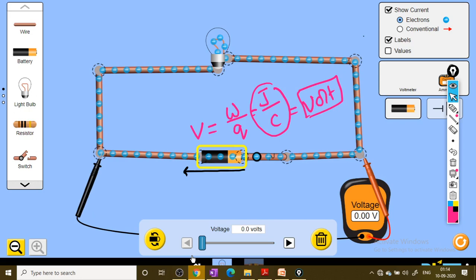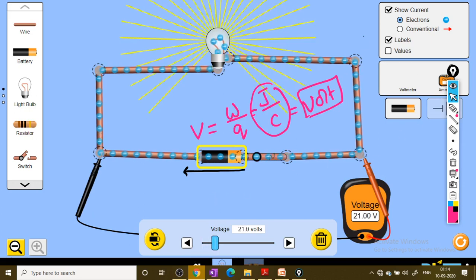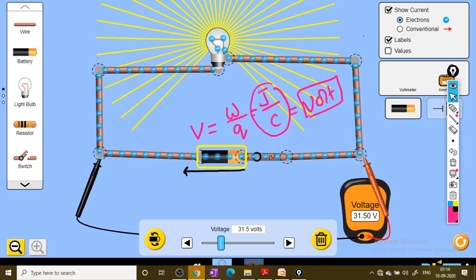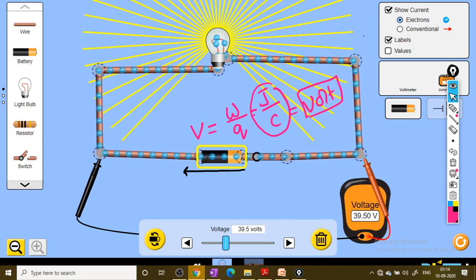Now the electrons won't flow, they do not contribute any current, so we won't get any light if we connect it to the bulb. Once you recharge the cell, like we recharge our phone whenever our phone battery gets over, again the cell has a potential difference.